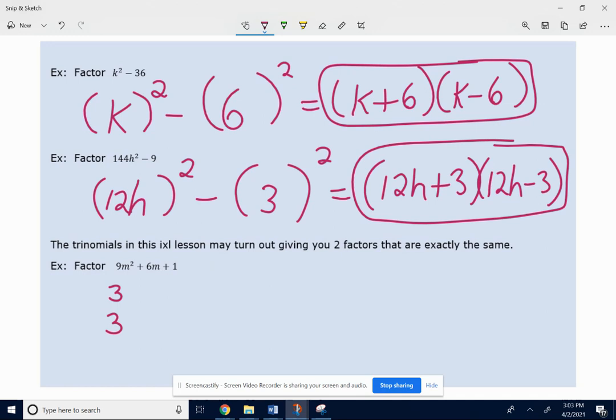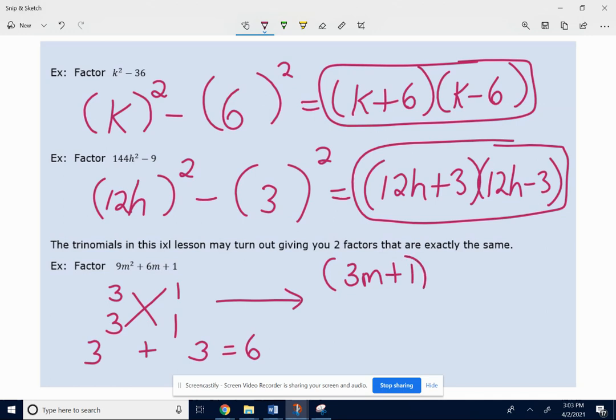Think of 2 things that multiply together to give you 1. That'd be 1 times 1. I'm going to test it. 1 times 3 is 3. 3 times 1 is 3. Add those up. And yes, it is 6.